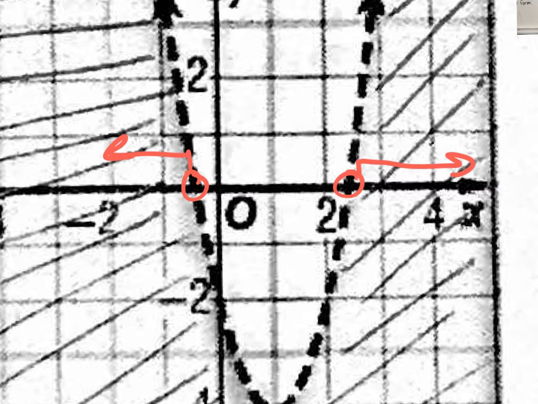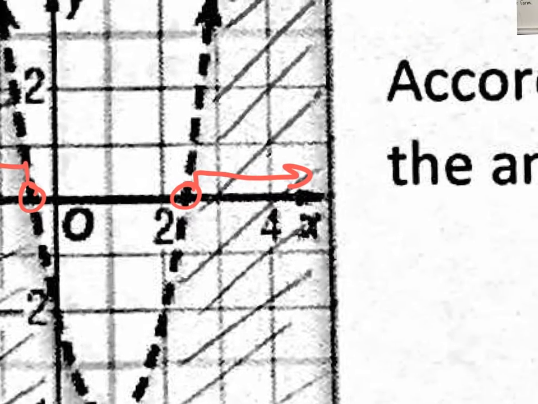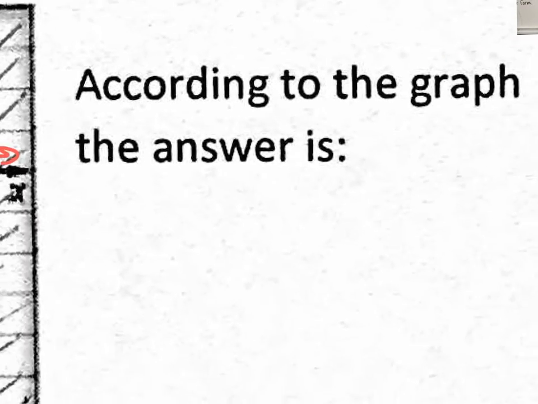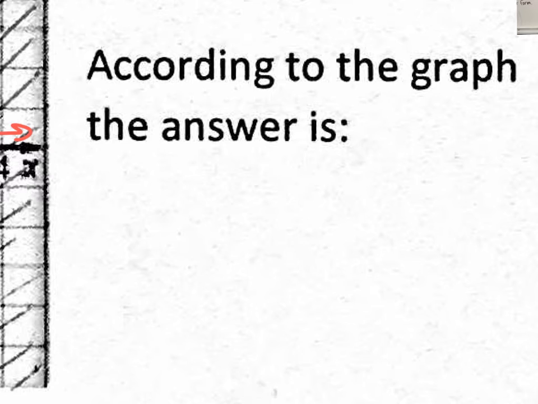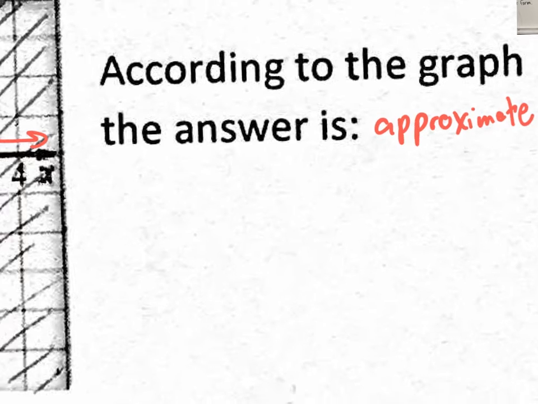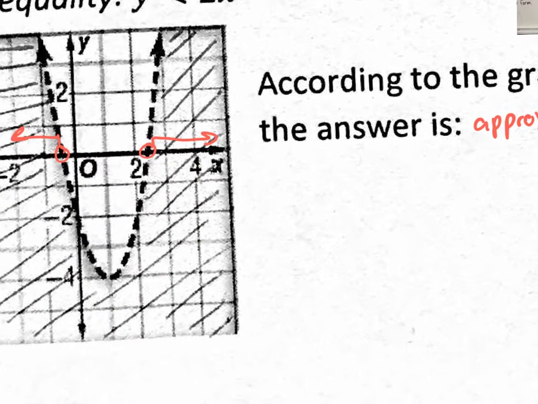Now it's obviously a decimal, right? It's in between 2 and 3. It's in between 0 and -1. So right here it says, according to the graph, the answer is, and I think on your paper I put approximate. Is that right? Yeah. Okay, so let's just give a rough idea of what that decimal is. What would you say, 2.5 or a little bit less than 2.5? A little bit less, 2.3, 2.4, right?